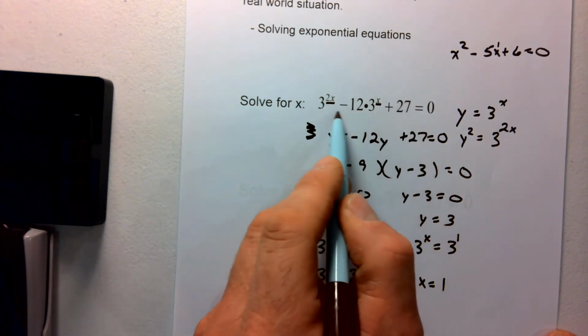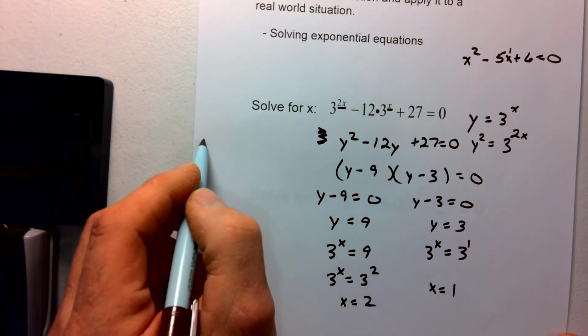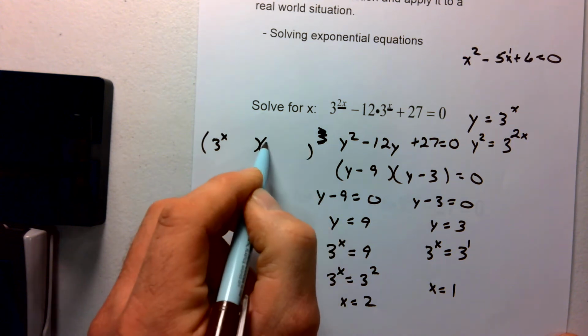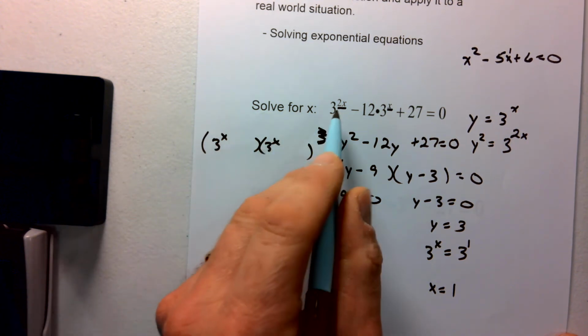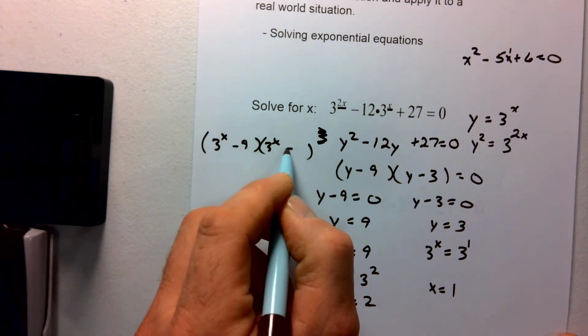If you want to think of this as a quadratic equation and be able to factor it, you could factor this into 3 to the x and 3 to the x. So 3 to the x times 3 to the x gives us 3 to the 2x. Our 27 is minus 9 and minus 3.